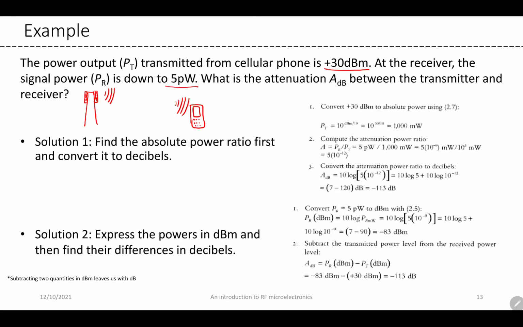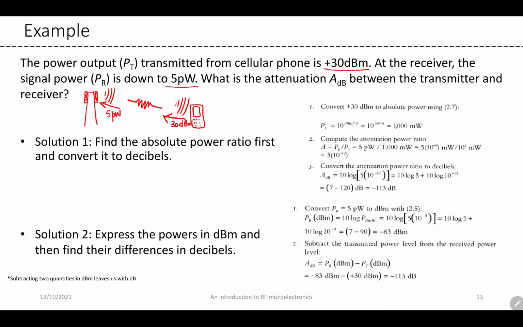Oh, it's the other way around. Okay, so the phone is sending out a signal at 30 dBm, and the tower is receiving 5 picowatts. So the question is, what is the attenuation offered by the atmosphere in between?